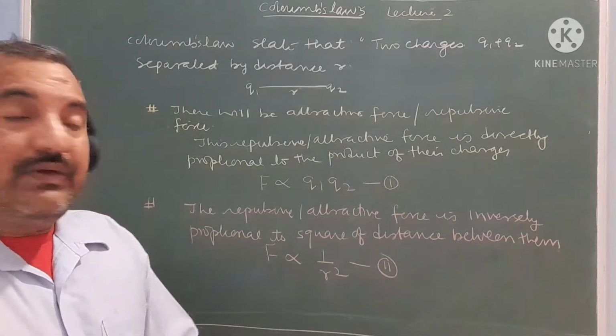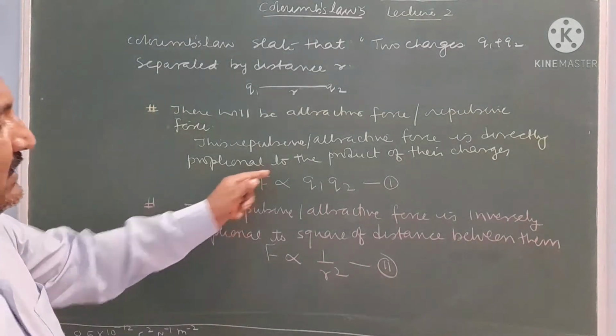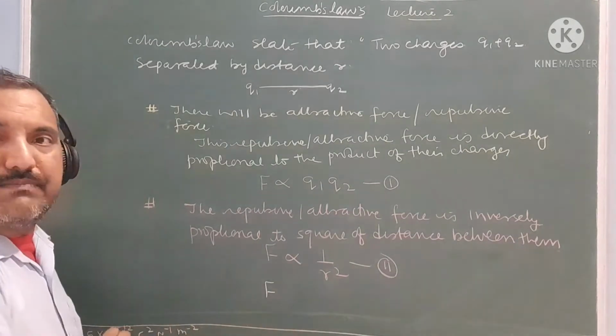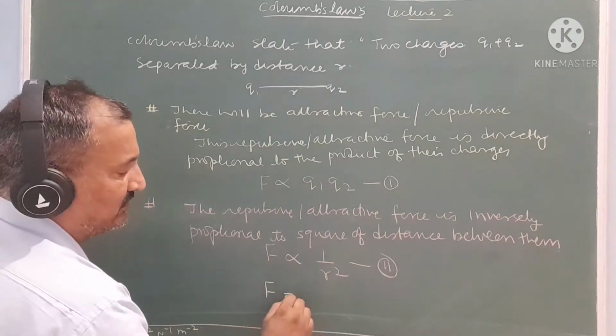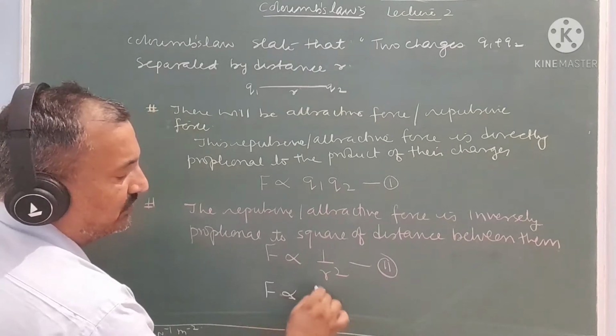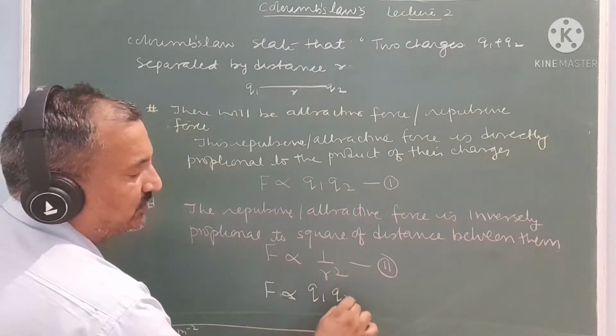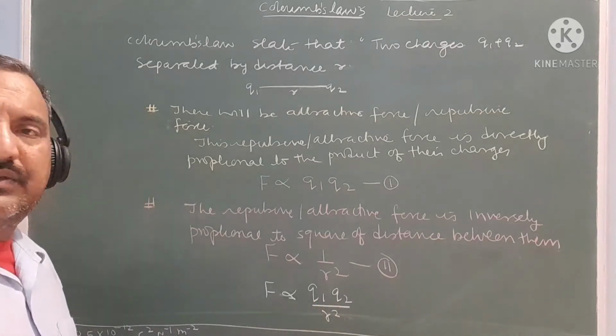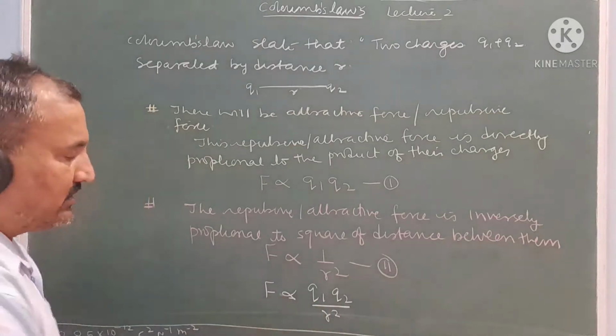Okay, we can combine this first and second. So force is proportional to Q1 Q2 upon R square. Remove the proportionality constant.